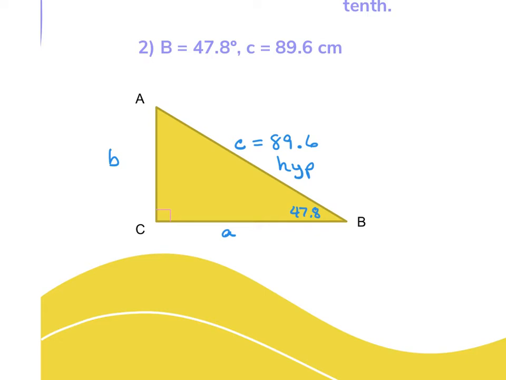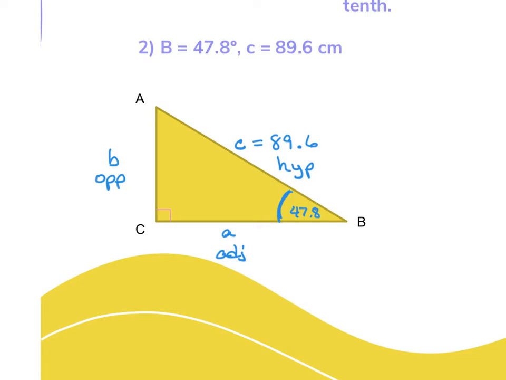The way that I name them is based off of the given acute angle. So I'm naming them in relation to angle B. So across or opposite to angle B is little b. So this is the opposite side. This is the adjacent side. And I already labeled the hypotenuse.